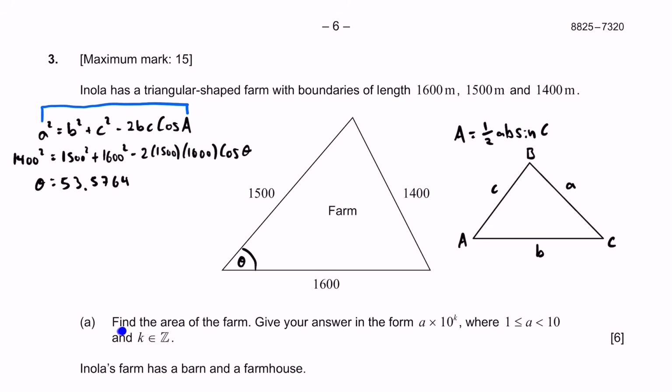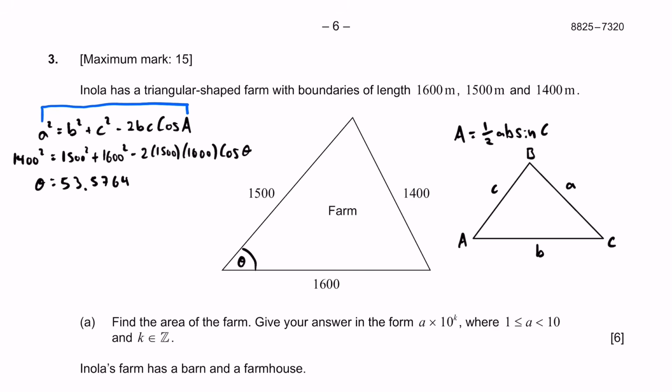Okay, so let's find the area of the farm. And for this, we'll use our area formula for a non-right angle triangle. So half ab sine C. Okay, so I'm going to erase this triangle here, and then we can just use this space. So half ab sine C. So actually, maybe I'll bring this up just for a sec.